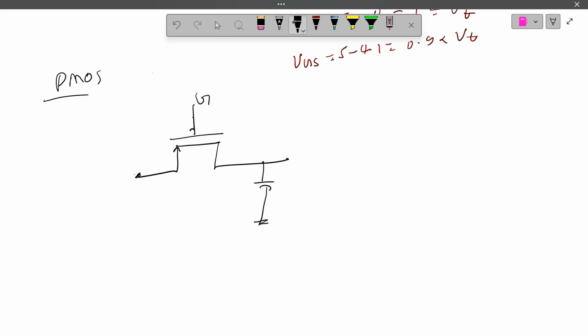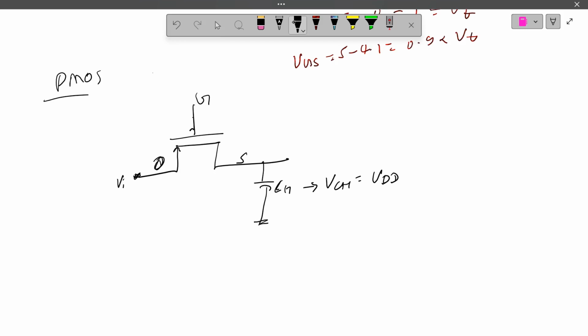Where the higher value is applied, we define it as the source. Let's assume this is the capacitance, charged up to VDD initially. So we can define this as source and this as drain. This is VI, which we can apply here.